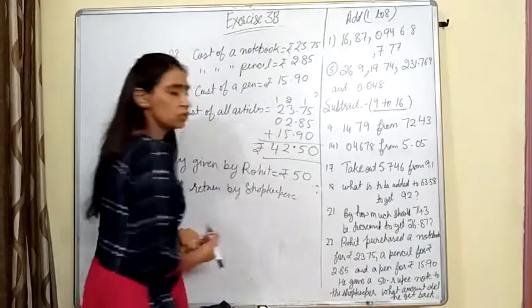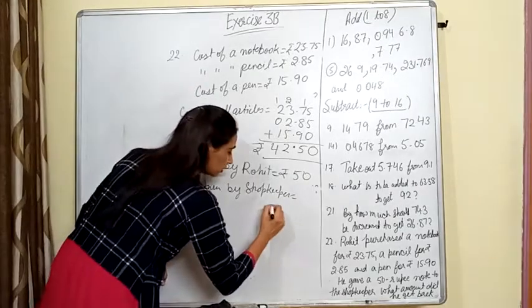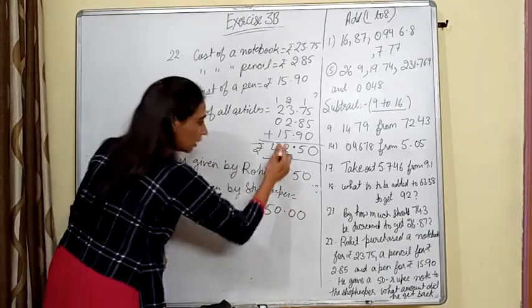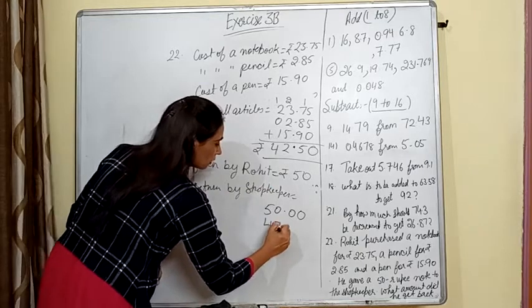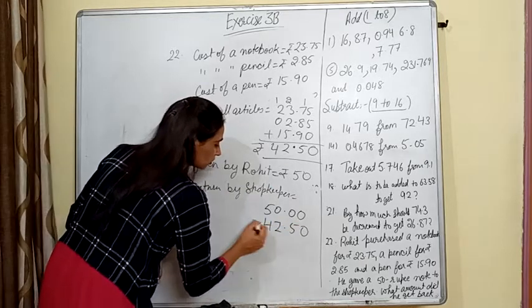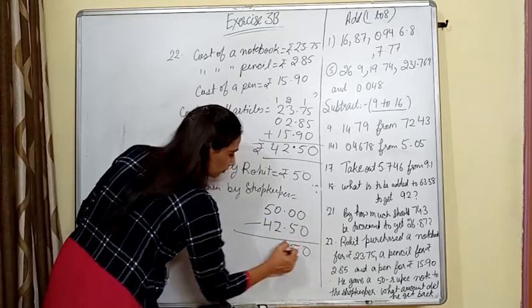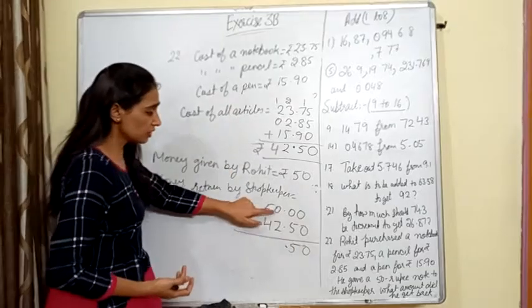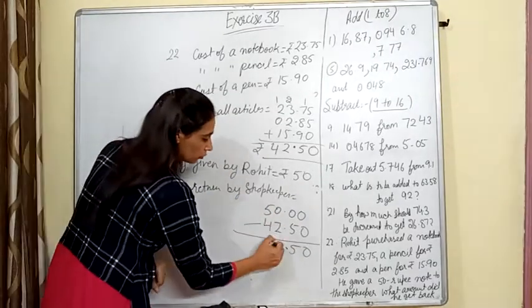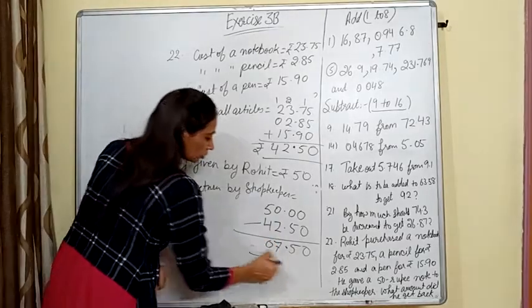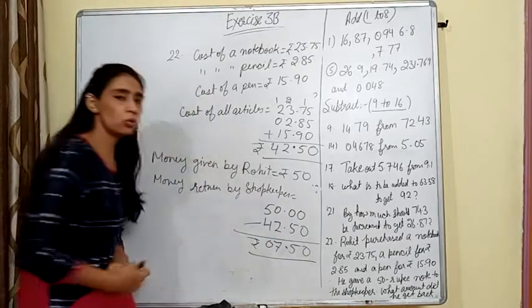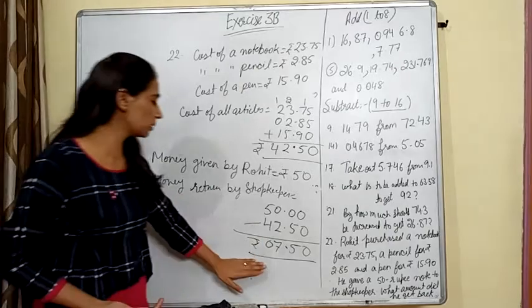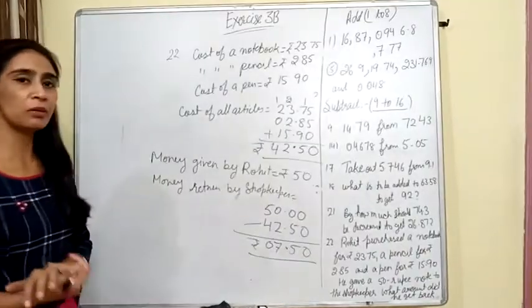So 50 is not in like decimal, so we will convert it to 50.00 and we will subtract the cost of all articles from that. So it will be 50 point. There is 9. From 9, 2 will go, 7. Here will be 0. So this is in rupees. So money returned by the shopkeeper is this.